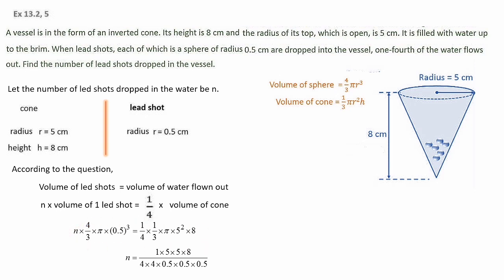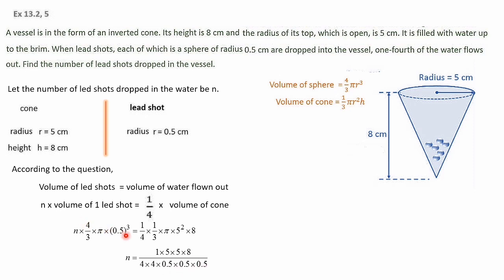So we can take the remaining quantities to the right side. Since all are multiplication, when a numerator comes to the right side, it comes as a denominator, and when a denominator comes to the right side, it goes as a numerator. So here the 3 in the denominator is cancelled, so only 4 is left, that is written 4, and from here the numerator 4 will come, and 0.5 cube, the three 0.5s, will come here, 0.5 into 0.5 into 0.5.